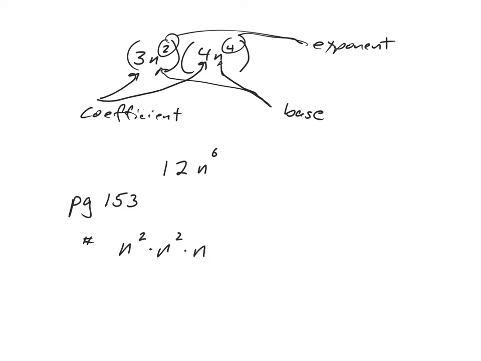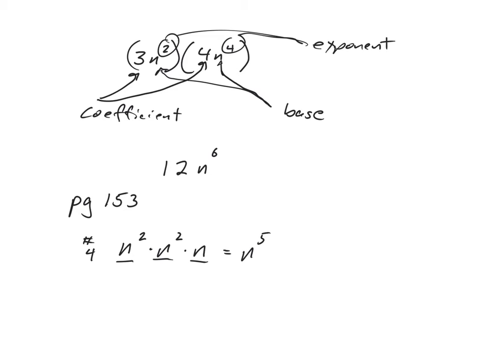So we have 2 factors of n, another 2 factors of n, and a single factor of n, all being multiplied. So in total, we should have how many factors of n? Answer in your brain. You got n to the 5th, I would hope. So this was number 4.